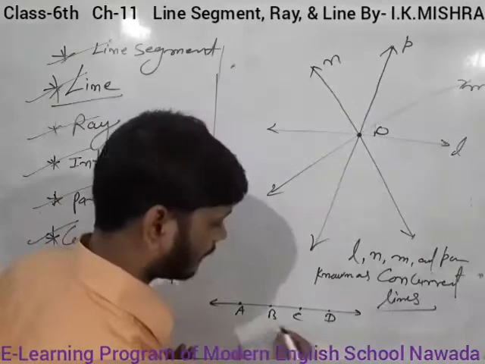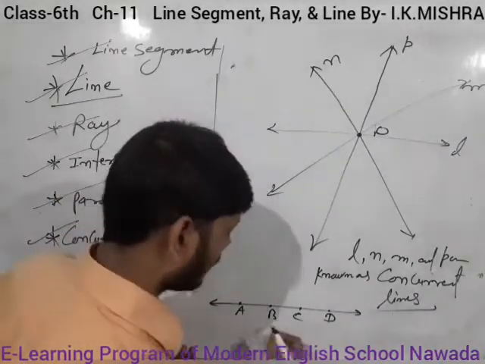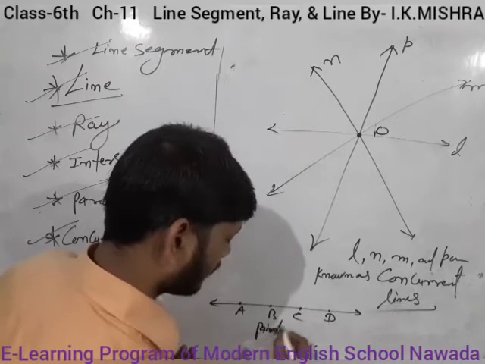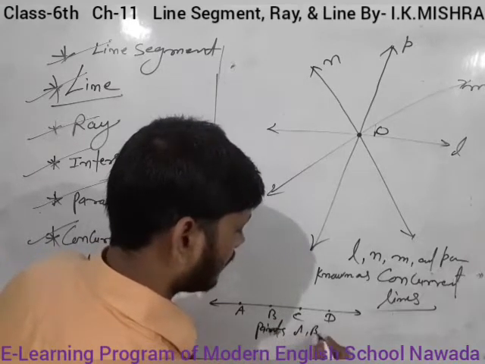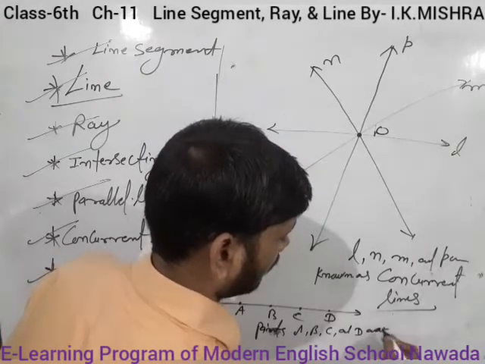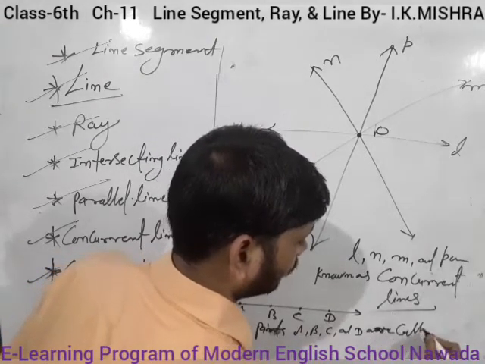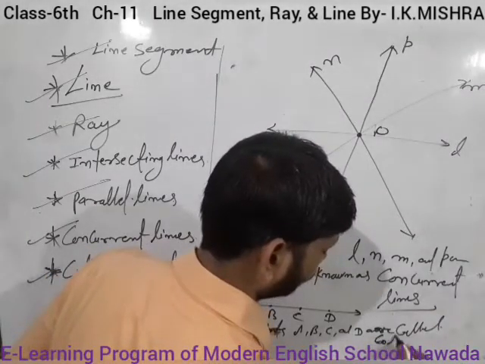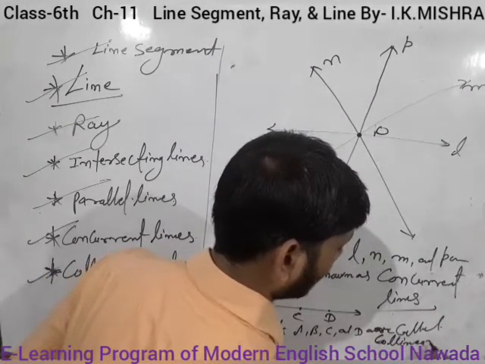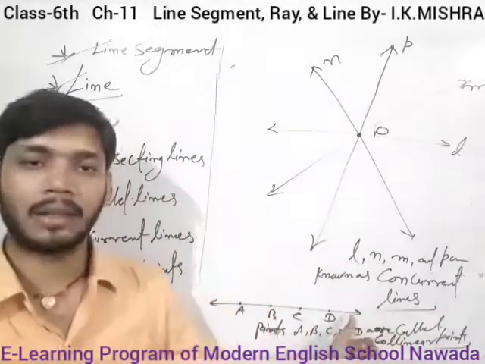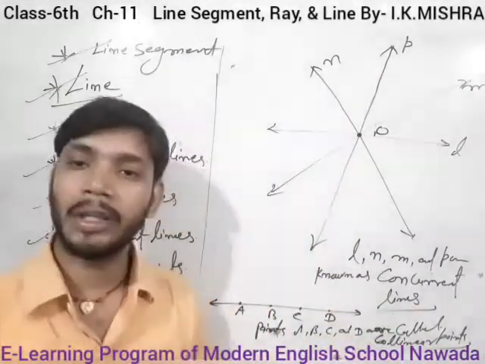So points A, B, C and D are called collinear points.